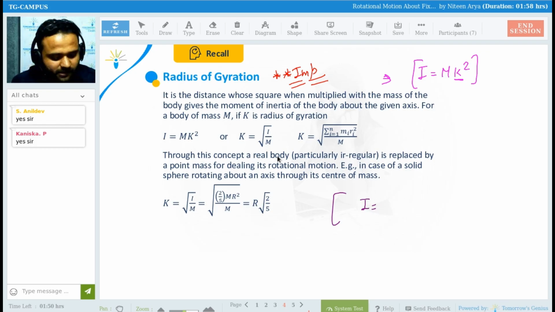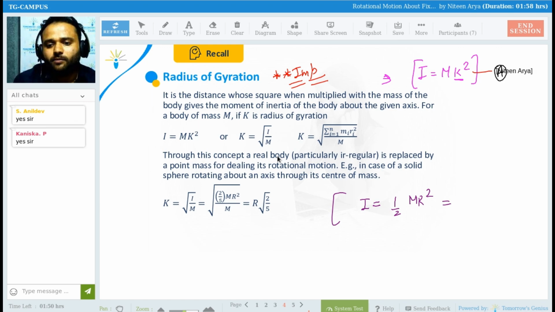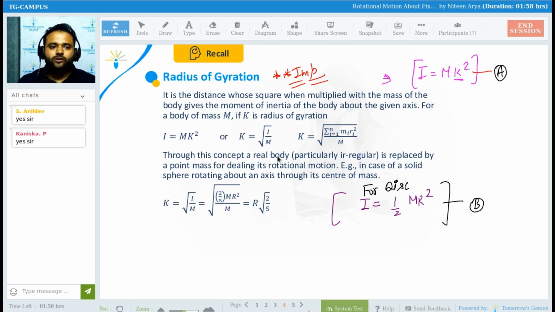For a solid disk, I is going to be 1/2 m r squared. If I compare this general formula A with this formula B for the disk, the left hand sides are equal. So the radius of gyration for a disk, what is it going to be?